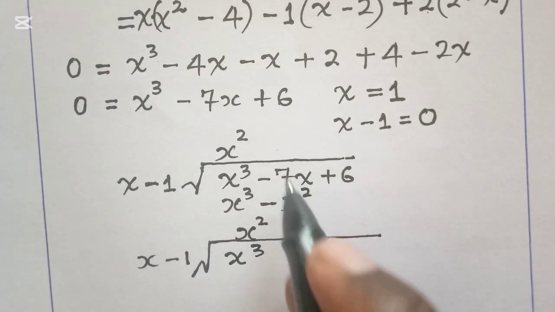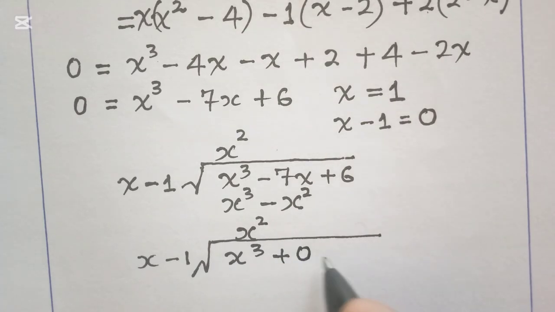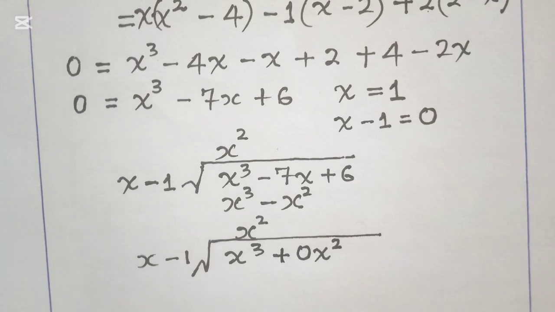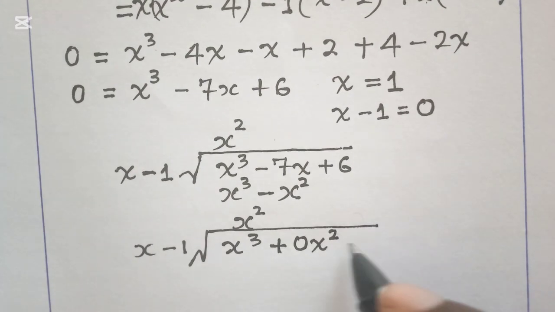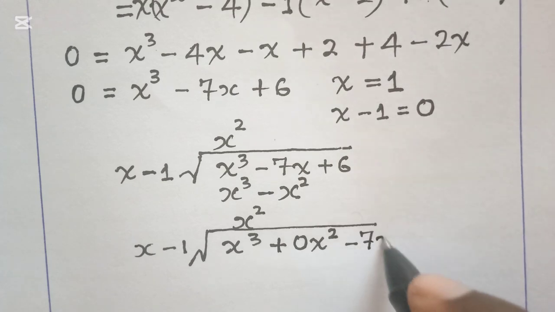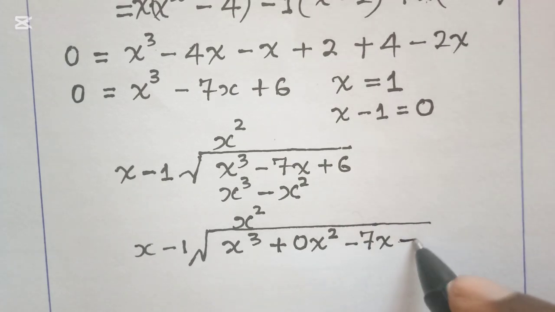Now, guys, instead of coming to 7x, I can write plus 0 x squared. Because, guys, you know there is no x squared. That's why I have written 0. Otherwise, if you write 1, it means it is there. Then I come now to minus 7x plus 6.